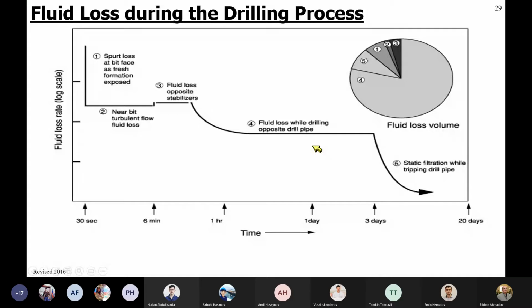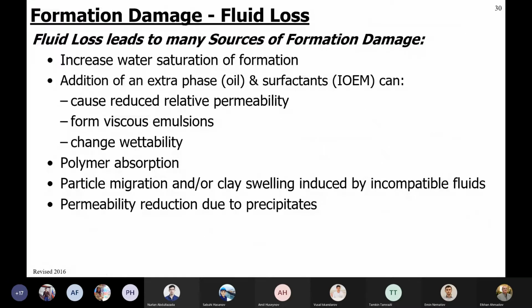So the effects of drilling fluid loss into the reservoir are increasing water saturation, and the addition of an extra phase will cause a change in relative permeability.